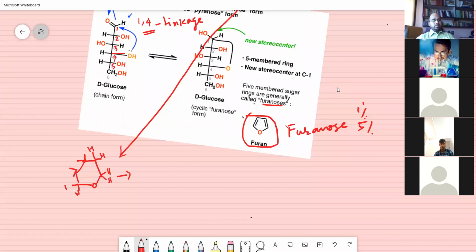Okay, so this gives rise to ring strain. Therefore, it takes up this kind of structure, the chair structure.